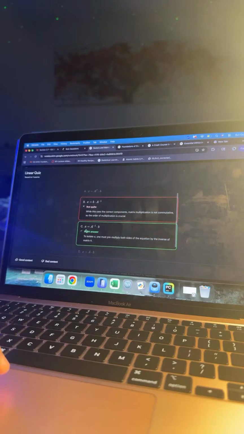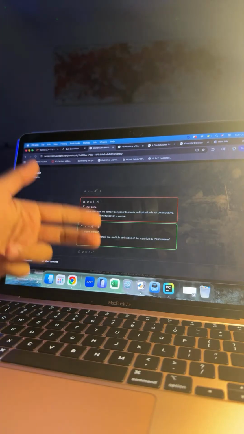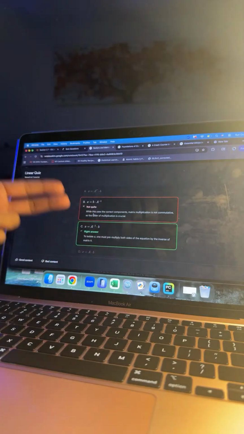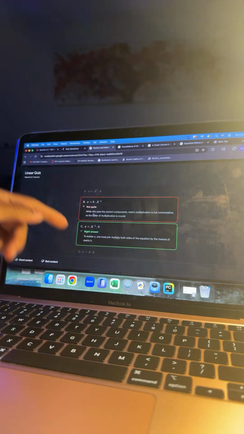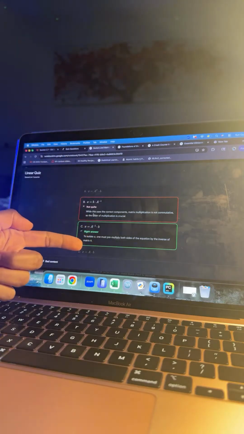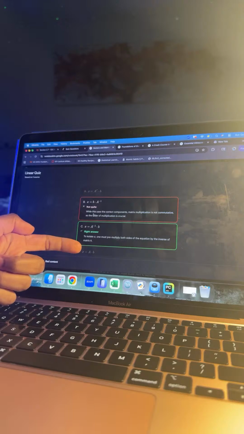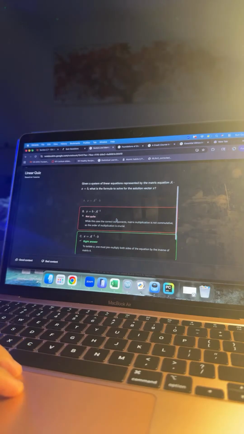No, oh, it was C. I was literally pointing at it. That's confusing, right? Because these two look the same, but you have to keep in mind the order in multiplying a matrix. It doesn't hold a commutative property, right? So to isolate x, one must pre-multiply both sides of the equation by the inverse of the matrix. That's what I was thinking, because A inverse would have to be on the left side.